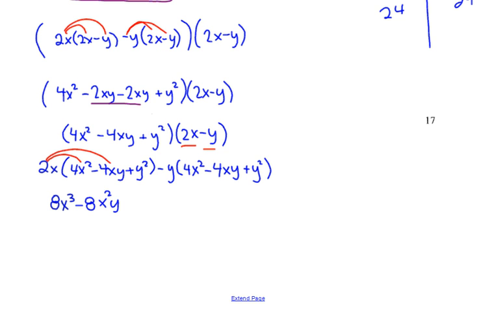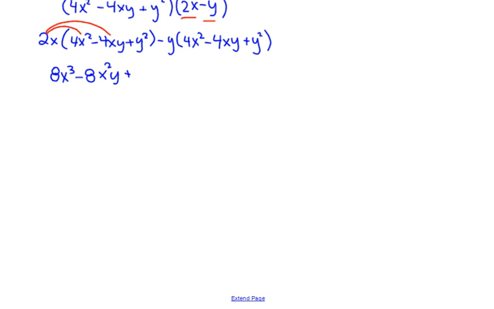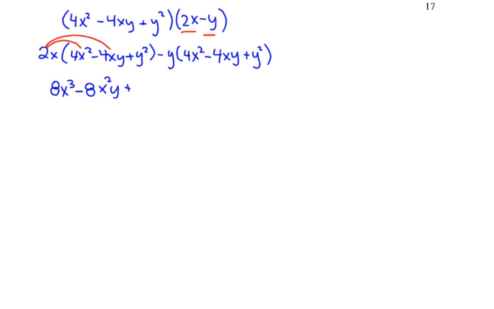So x times xy is x squared y. Right? The same base, we add the powers. Plus 2xy squared, and then minus, negative y times 4x squared is minus 4x squared y. We go the x's first, then the y's.